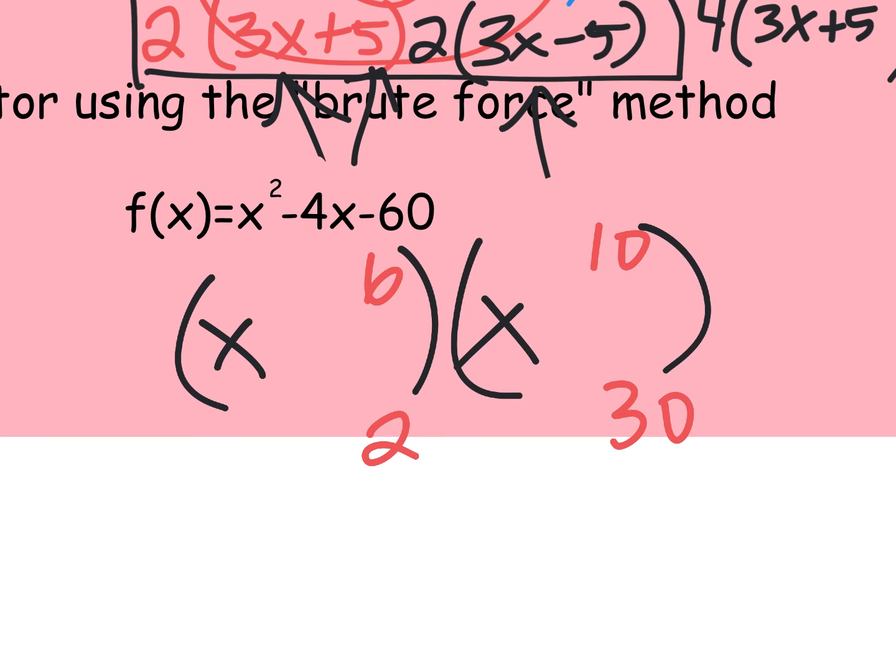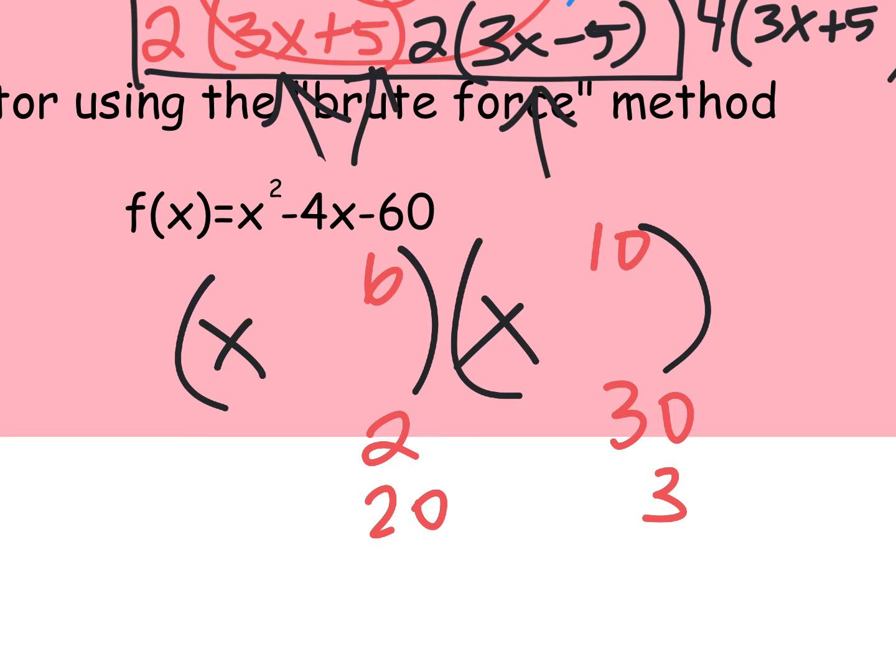Do you get it could be, I don't know, tell me some more. 20 and 3. All of those make 60. So which is it? I think they could have said factor by guess and check, and it would have also been an appropriate way to say it. But brute force is just like, I'm going to keep trying things until it works. It's like keep banging on the door until somebody finally opens it.